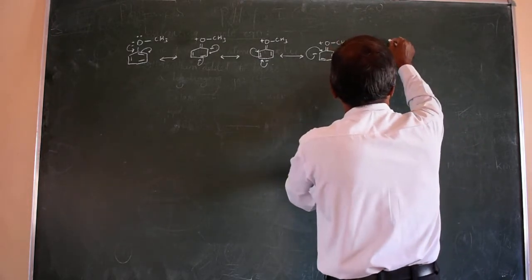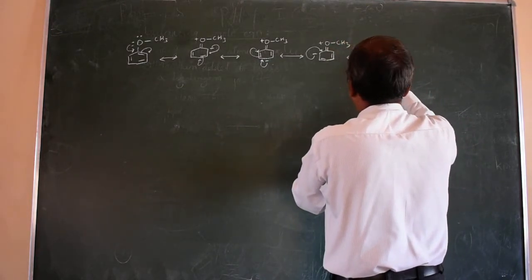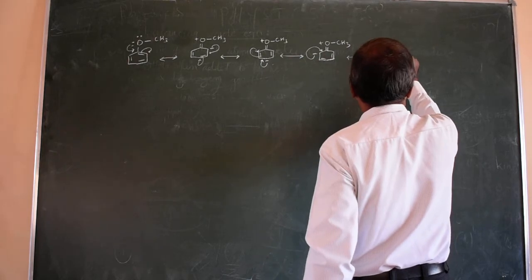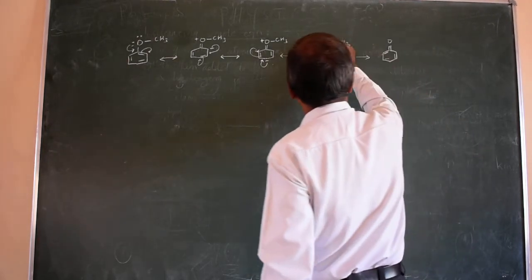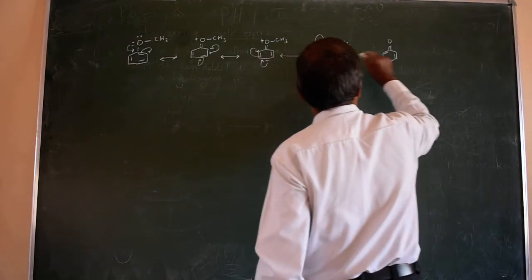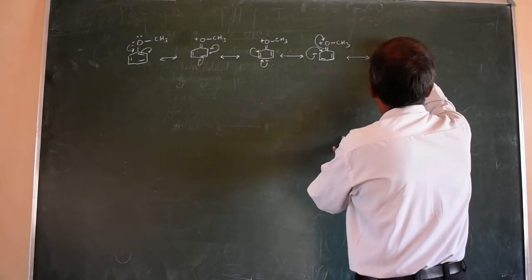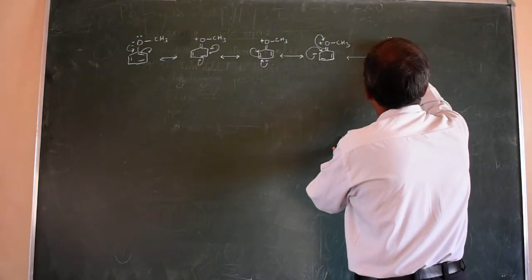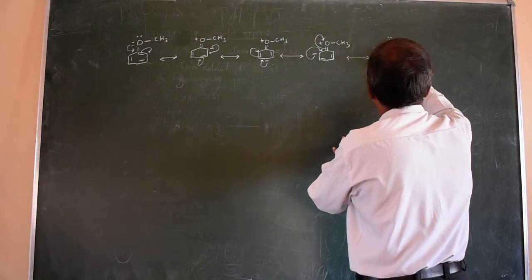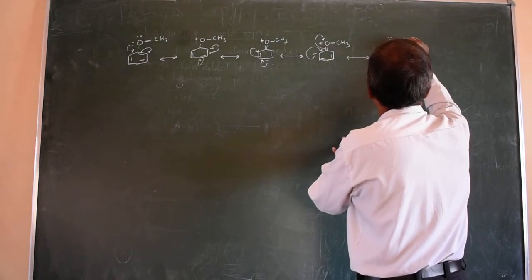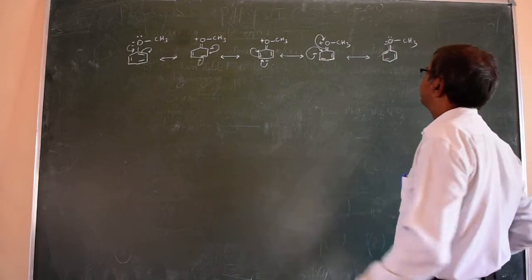We have a double bond here and a double bond here. At the same time, there is a movement of the electron pair on the oxygen, so the double bond exchanges into a single bond, CH3.